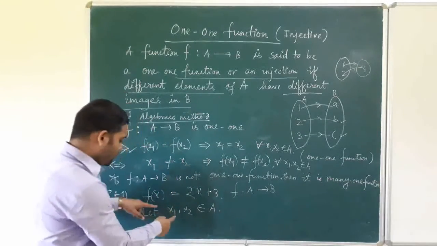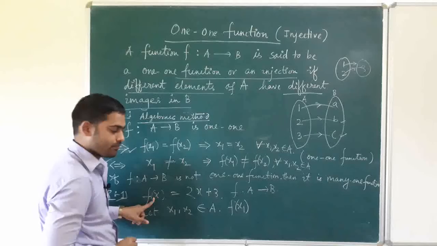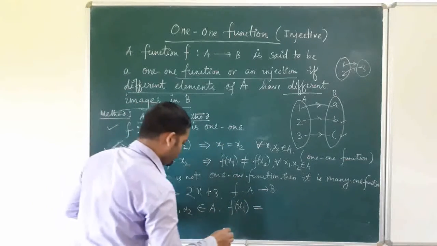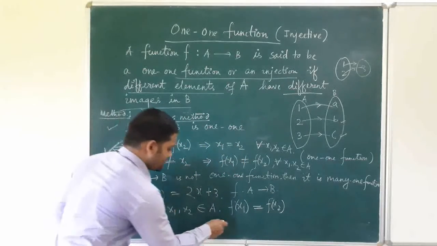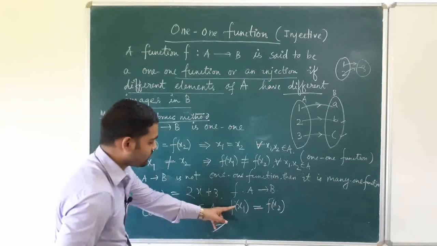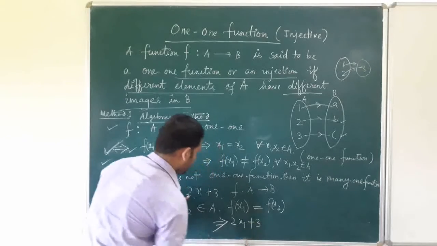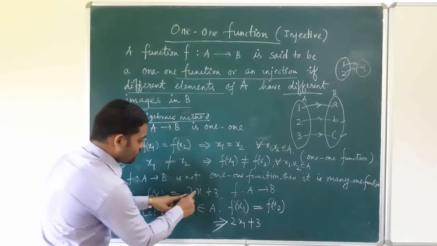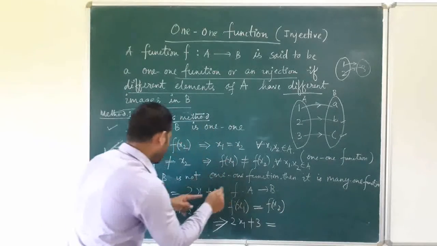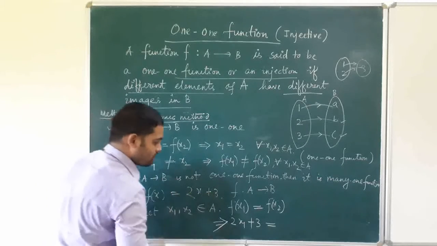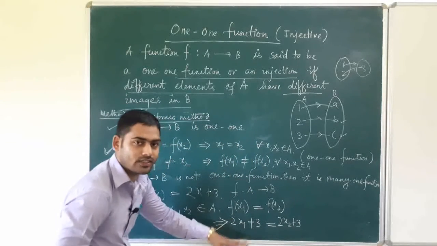You put x1 in this function, and suppose f of x1 is equal to f of x2, then we can write 2x1 plus 3, because if you put x1 here, you get 2x1 plus 3, is equal to, if you put x2 here, 2x2 plus 3. Now you simplify it.